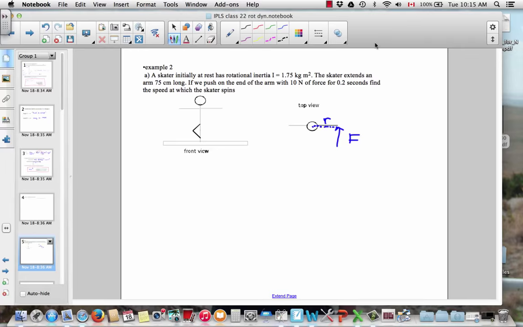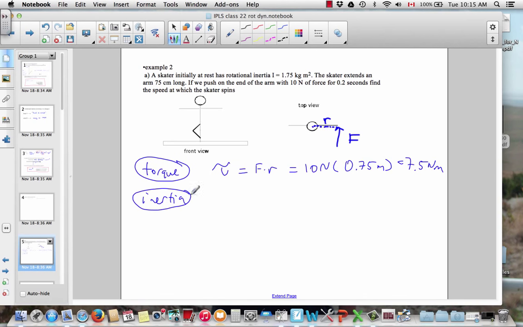So we want to now find the speed at which the skater spins after they're pushed for 0.2 seconds. So we can find the torque here, because a torque is a force times a distance. So we're exerting 10 newtons of force, and that force is acting 75 centimeters away. So that's 7.5 newton meters of torque.